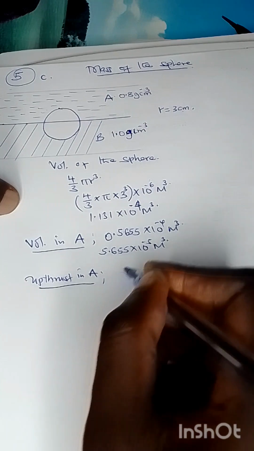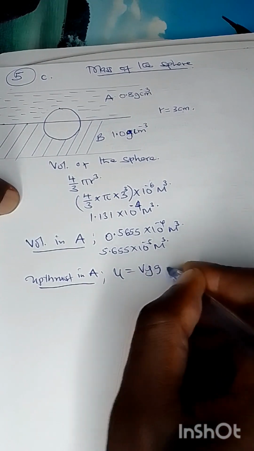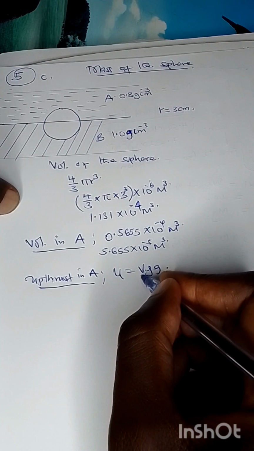Upthrust is given by V rho G, where this V is the volume of the liquid displaced.